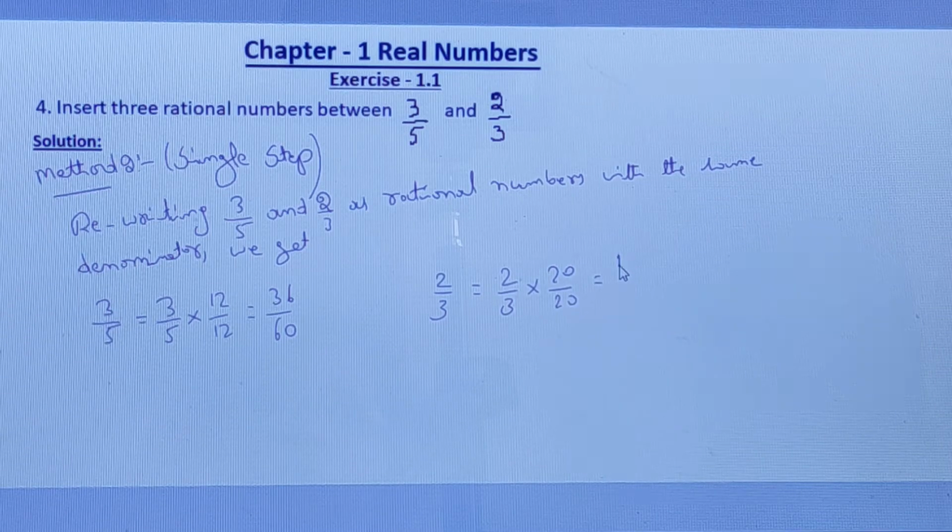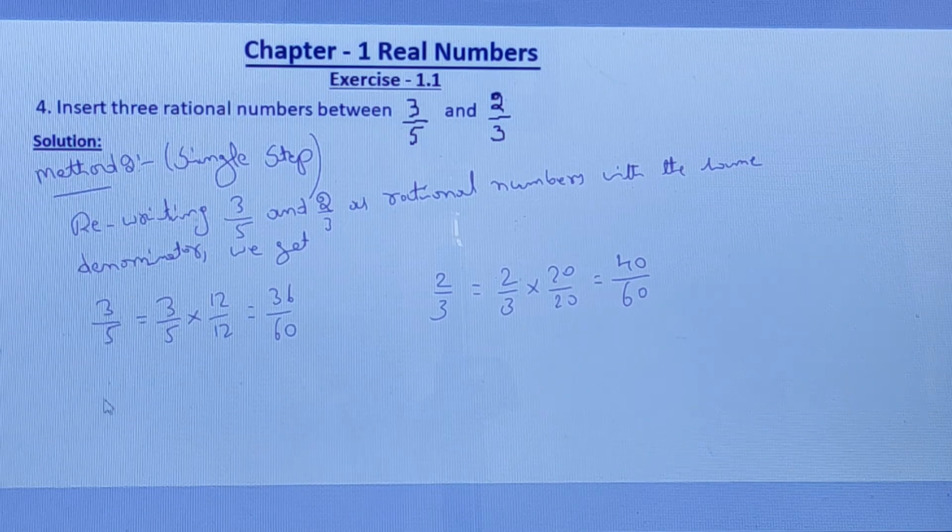That is 40 by 60. So now, because the denominators are the same, you can check for the numbers between 36 and 40, right? So how many numbers can you find? 37, 38, 39, right?